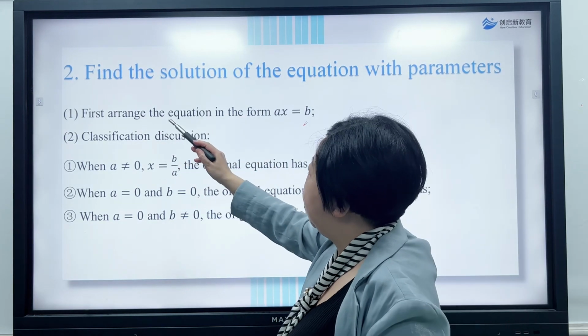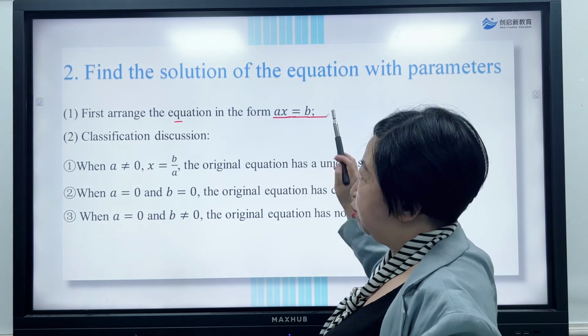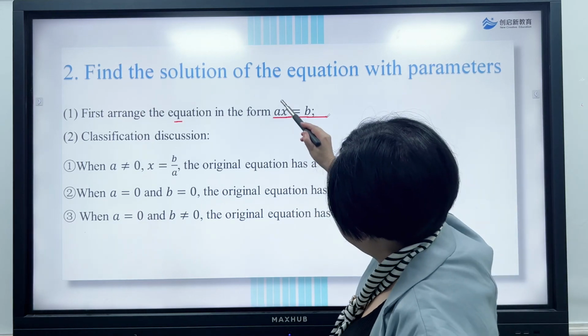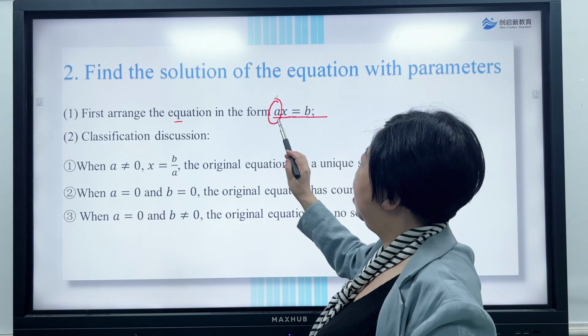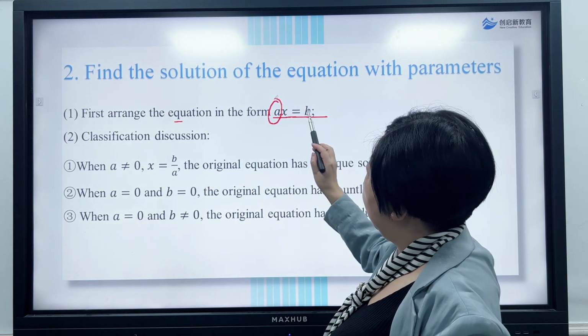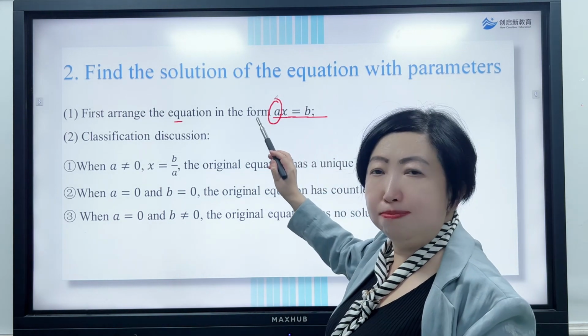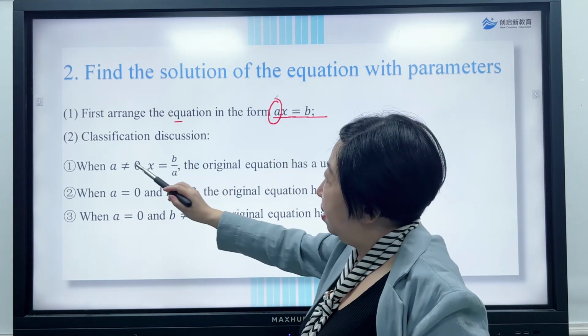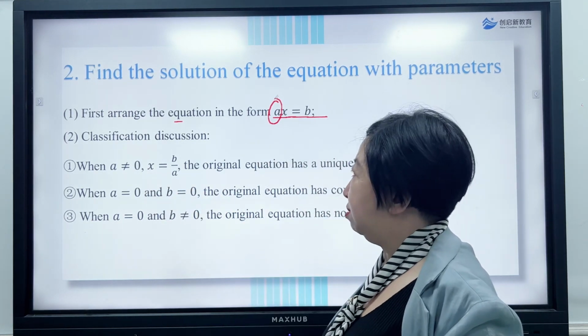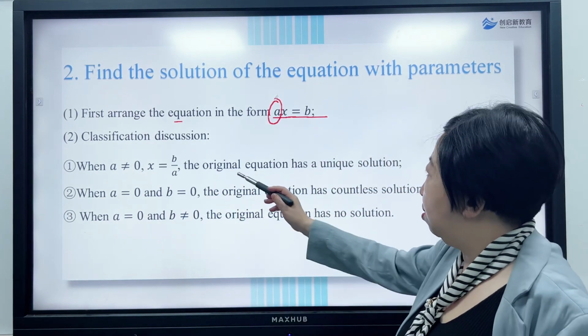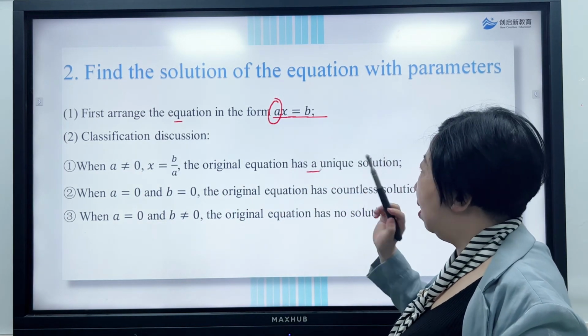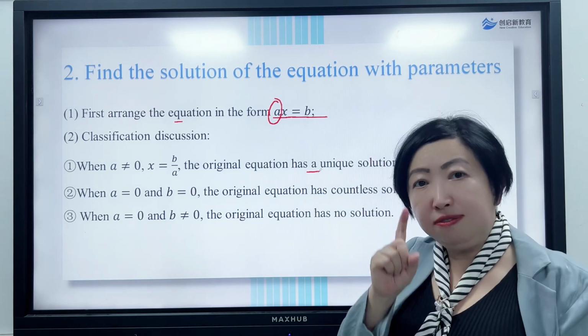First, we arrange the equation into the form ax equals b. If a is not 0, then x equals b divided by a. The equation has only one unique solution, only one.